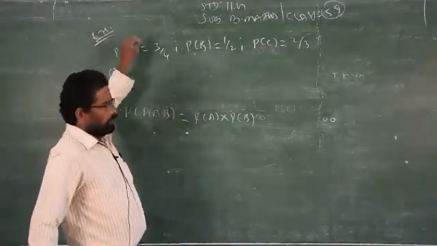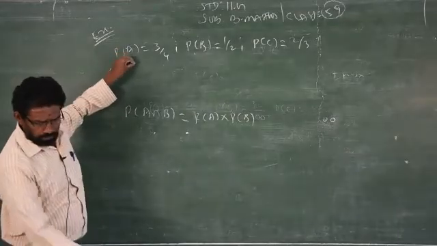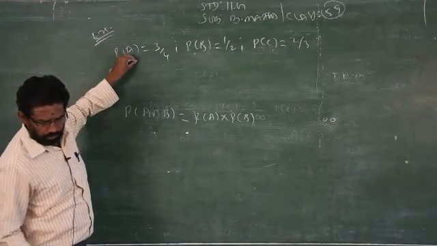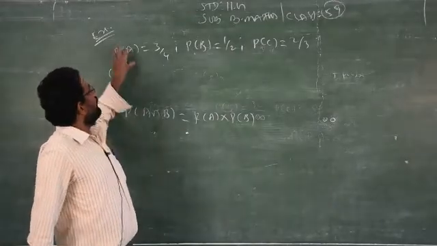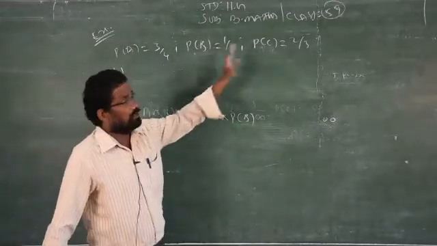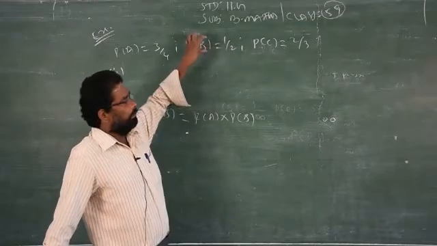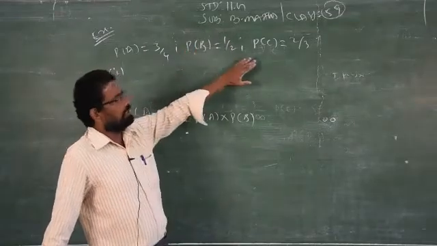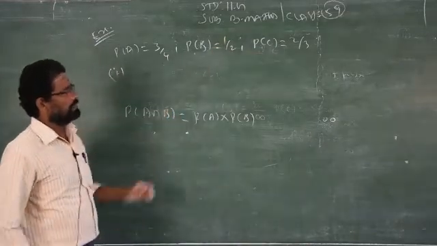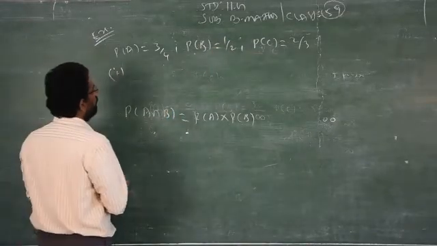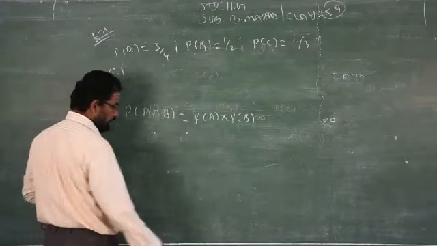Clear? So the question number 1, all the 3 hit the target, which means if A hits, then B and C are not necessary. It will not affect B and C. When B hits the target, A and C are not affected. When C hits the target, B and A are not affected, therefore A, B and C are independent.